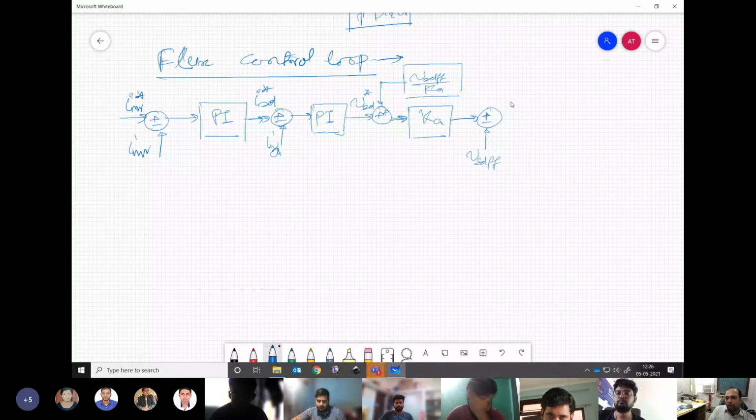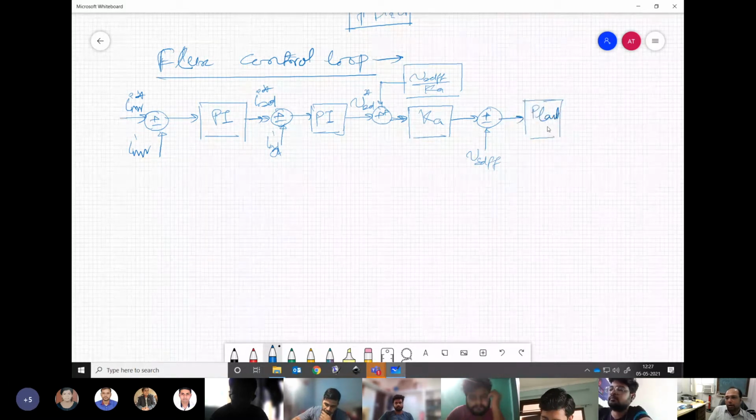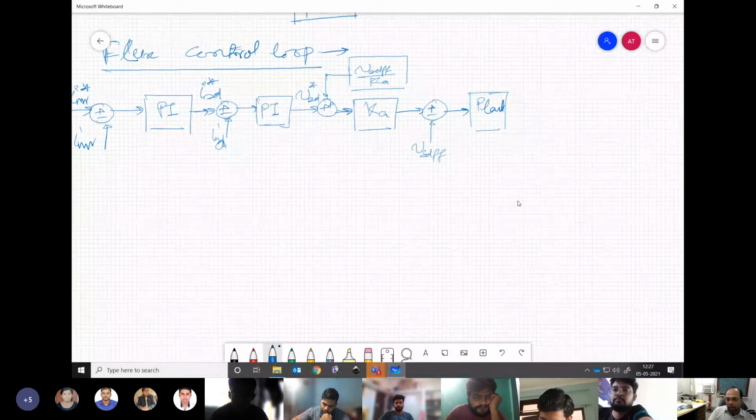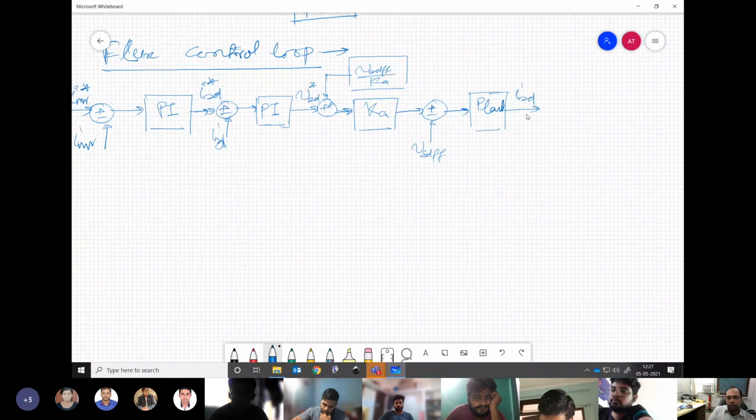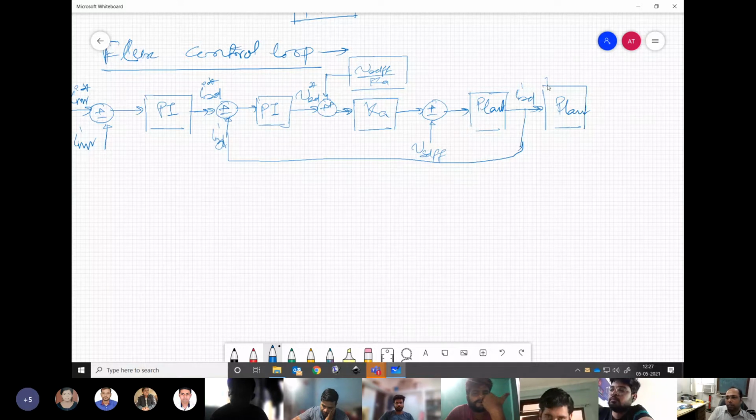Then we have the current control plant. And then this is giving out the ISD, where we can close this loop. Now this ISD goes through another plant, which you can call the rotor flux plant, and generates IMR. And this we can close here.